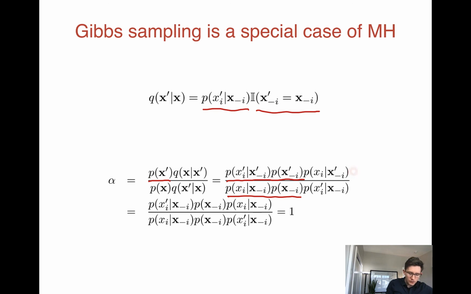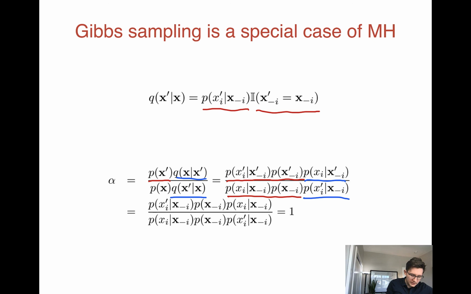Now q, if we write that out, we get this expression here. I've dropped the indicator because we're only ever going to propose moves where this indicator is true. Otherwise, it's just going to be 0 on top and bottom. And so all that is this term here.